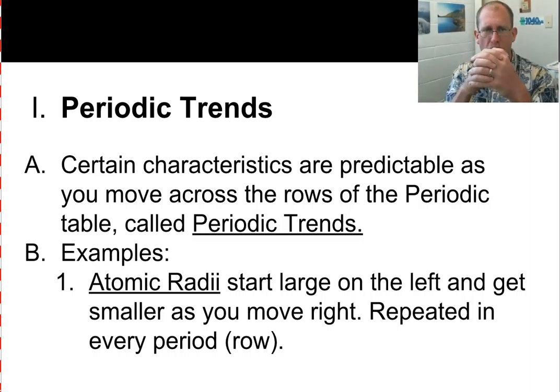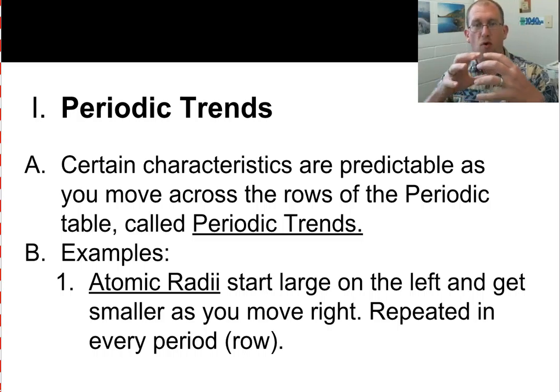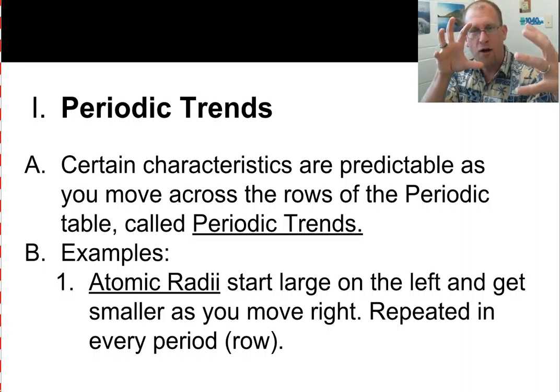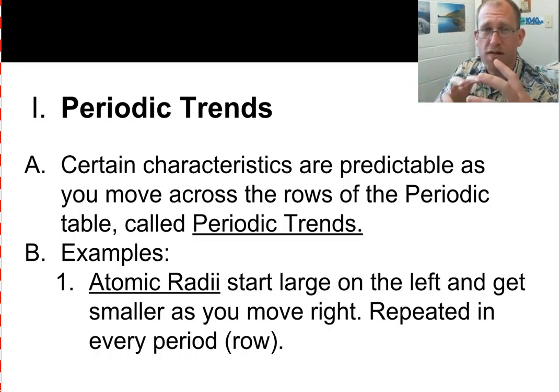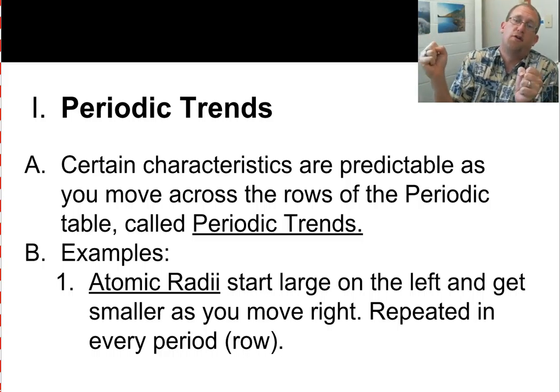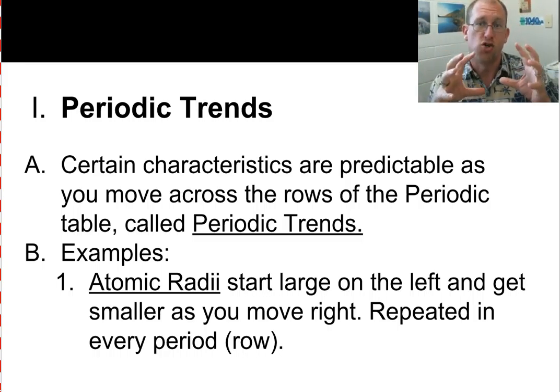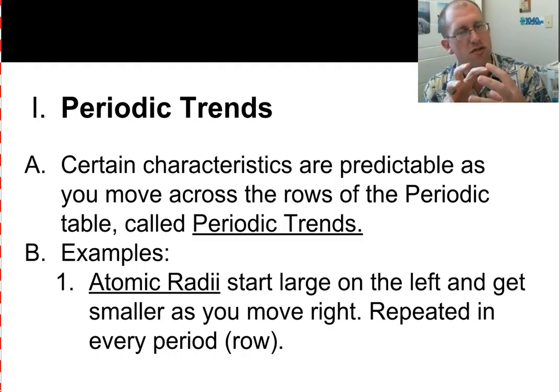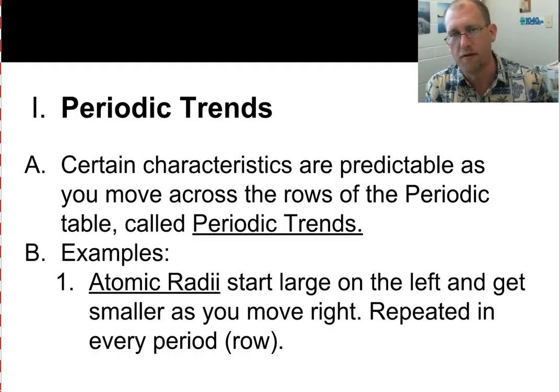So the more positivity you have in the nucleus and the more negativity you have in the cloud, the more the cloud wants to hang on to the nucleus, and the nucleus wants to pull the cloud closer to it. And so that attraction between more positive and negative makes the electrons move closer to the nucleus and makes the atom as a whole shrink.